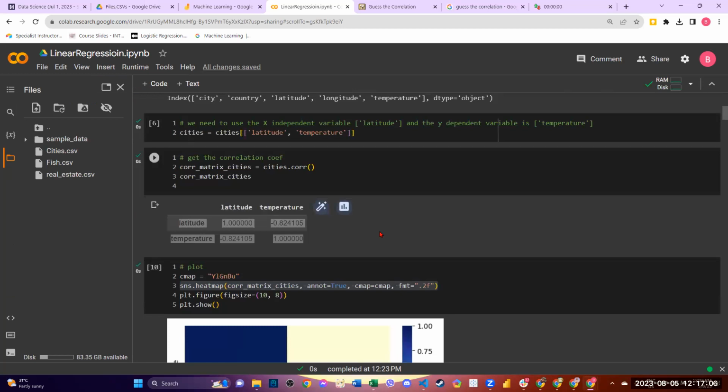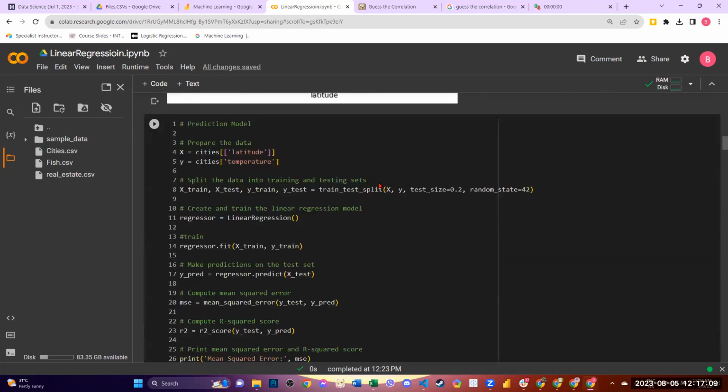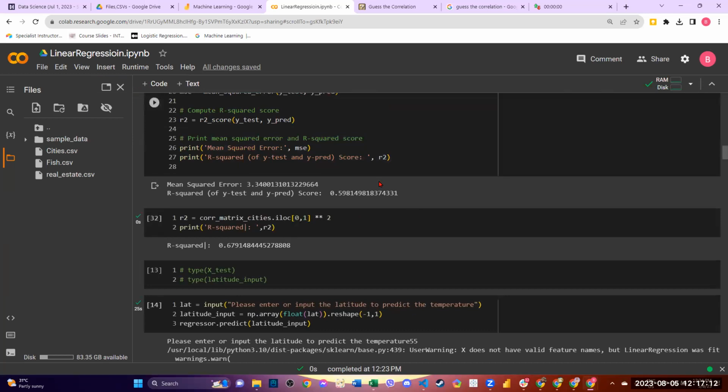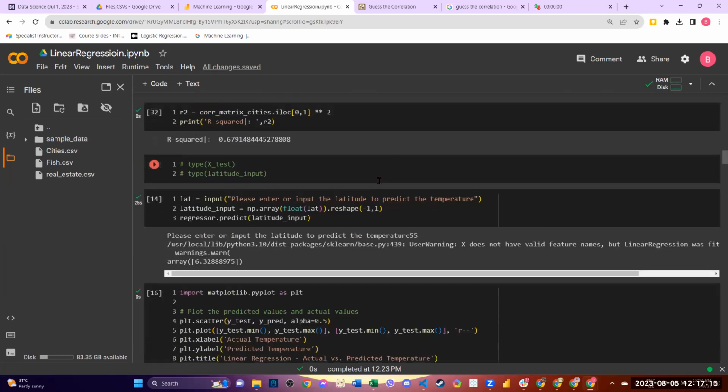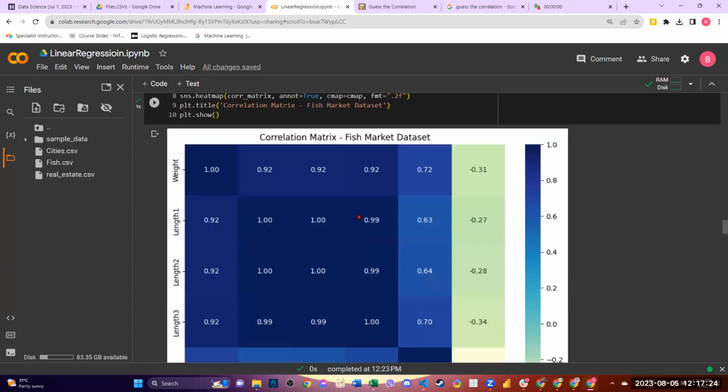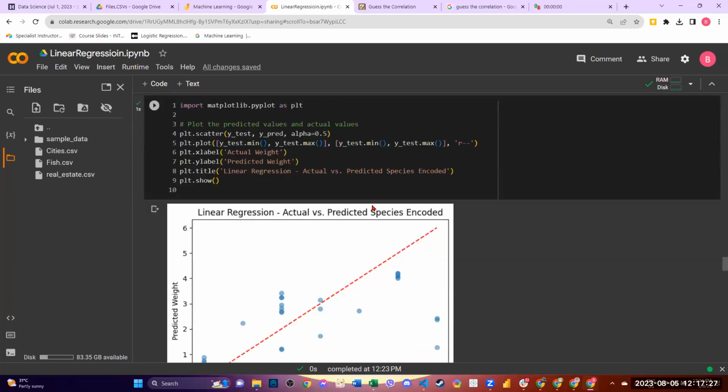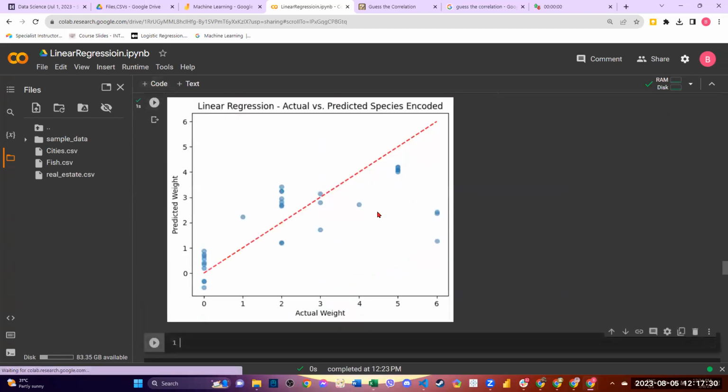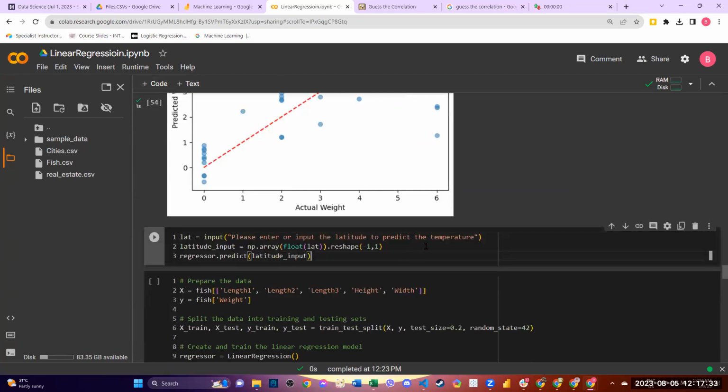Where is that? So, this means that below this, please enter the height of the fish to predict the species of the fish.